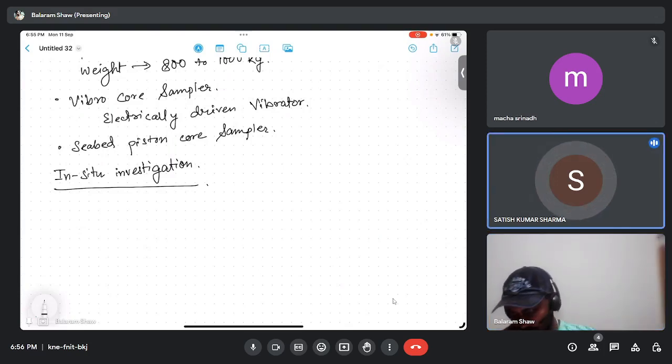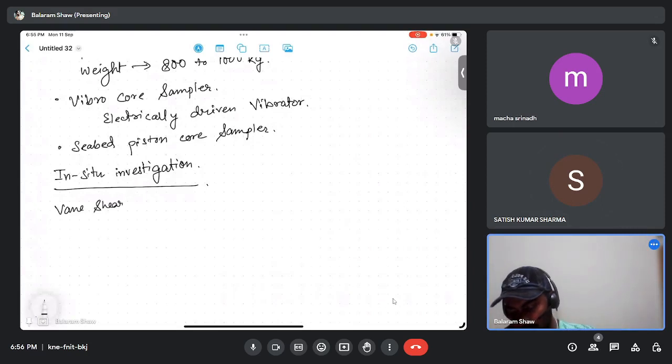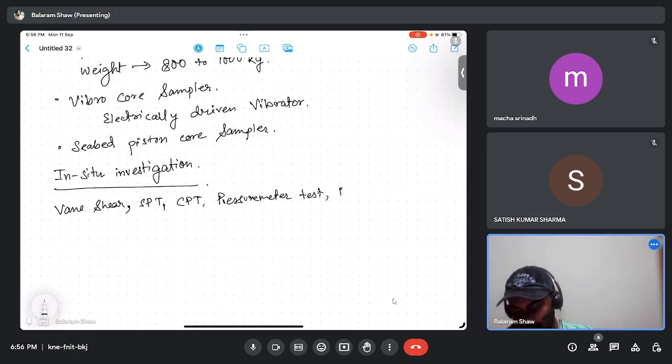We have the vane shear test, standard penetration test, cone penetration test, pressuremeter test, then the dilatometer test. I'm not going deep into the tests because we have already discussed all of them. Mostly, strength determination in offshore is possible using the CPT, vane shear and dilatometer tests.